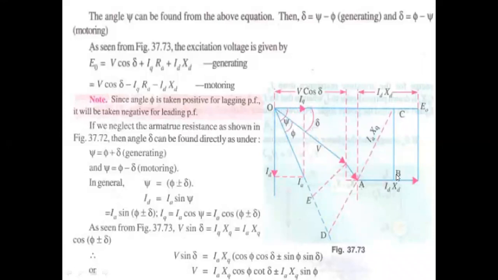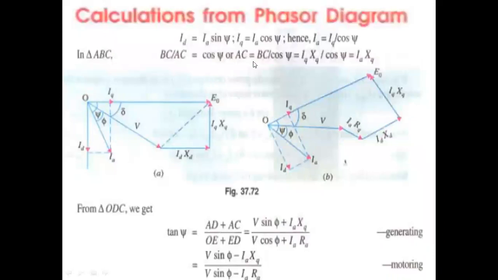So BC by AC is equal to cos phi, or AC is equal to BC by cos phi. That is, BC is nothing but IQ XQ, divided by cos phi. Okay, all the equations I am showing you here.